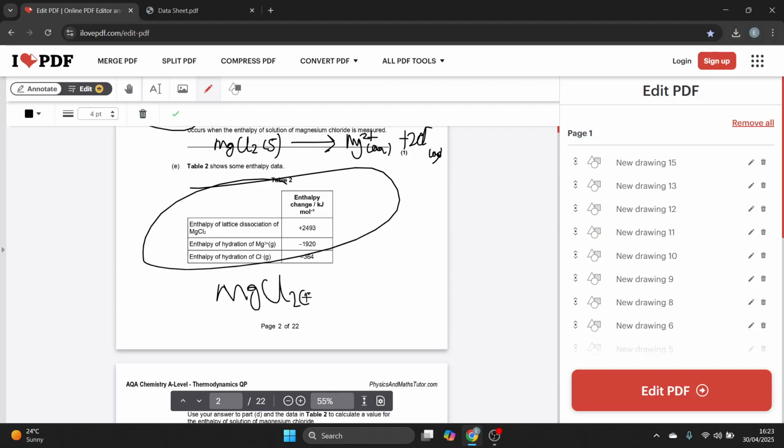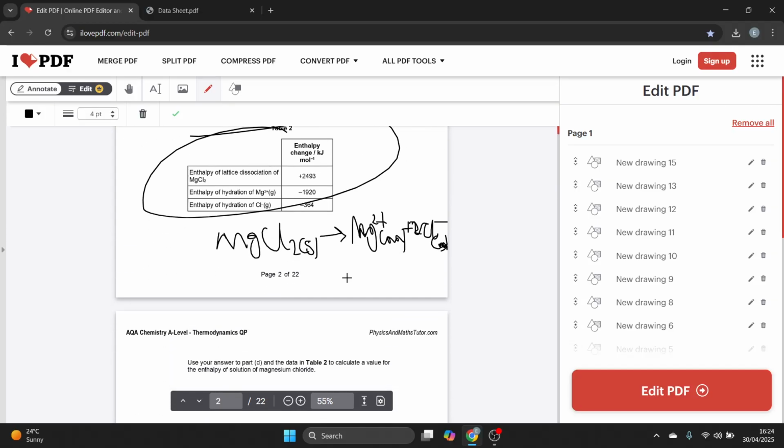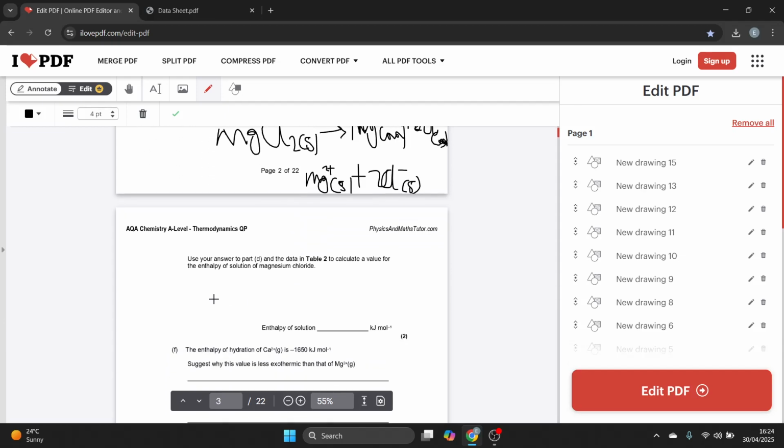MgCl2 solid goes to Mg2+ aqueous plus 2Cl- aqueous, and I'm going to write on the bottom Mg2+ gaseous plus 2Cl- gaseous.